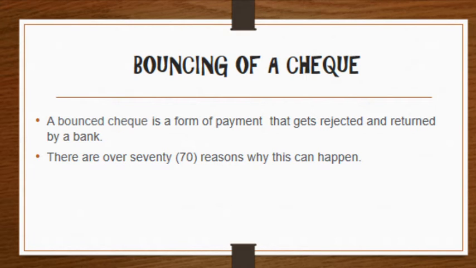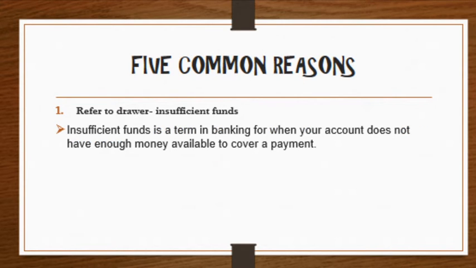There are times when a person can issue a check on an account which has insufficient funds. We mean, for instance, if a check of 9,000 is issued and yet the account where it's being debited from has got an amount that is less than that, then the check is going to bounce.